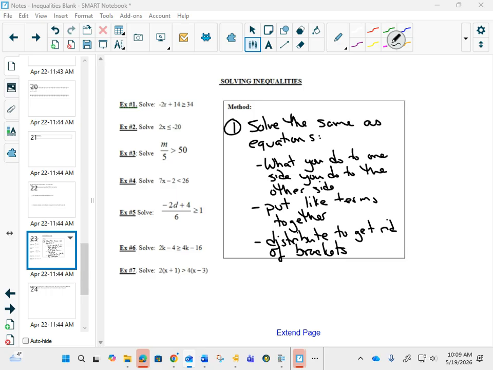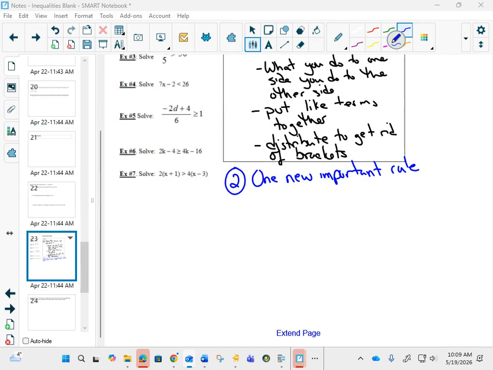Okay. So that part of solving equations is the same for solving inequalities. Then I'm going to change color here. There's one new important rule. You ready for it?